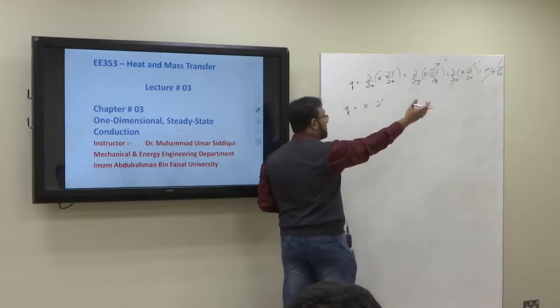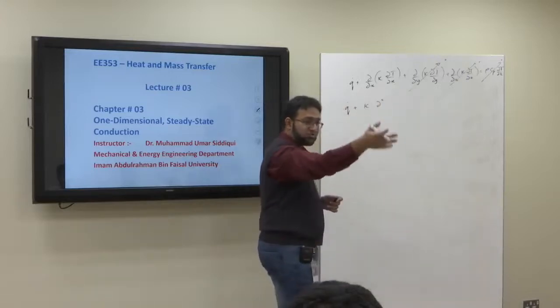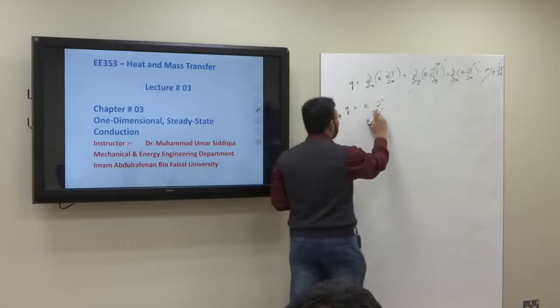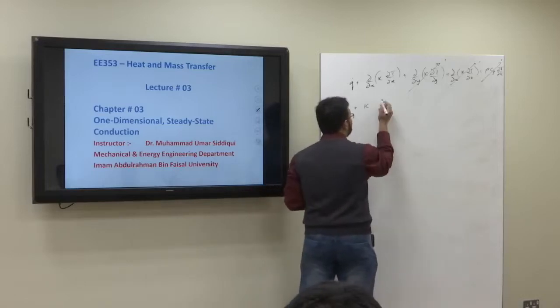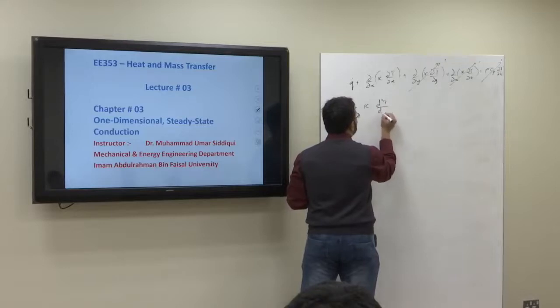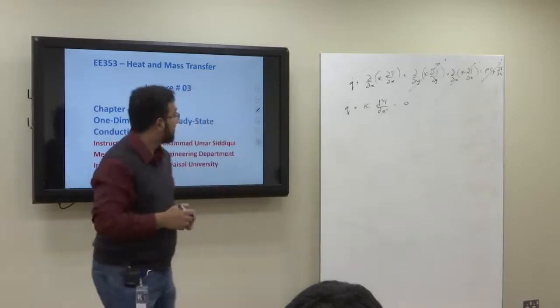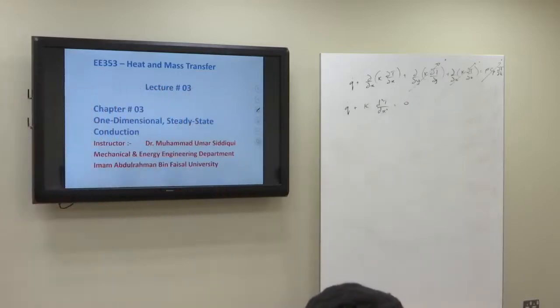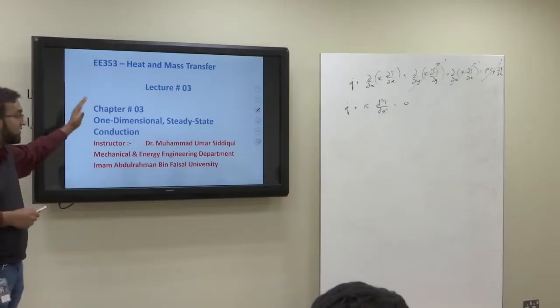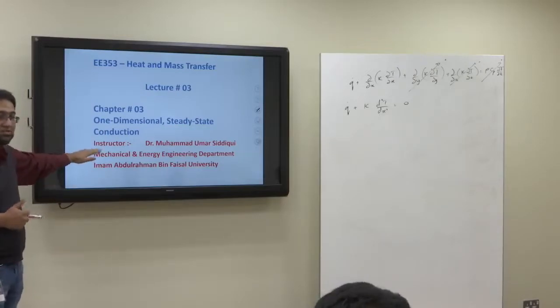Since it's not dependent on y, z or time, instead of writing the partial derivative I can write d, because it depends on only one thing: d²T/dx² equals 0, right? This is the equation we are going to deal with in this chapter, one-dimensional steady-state conduction.